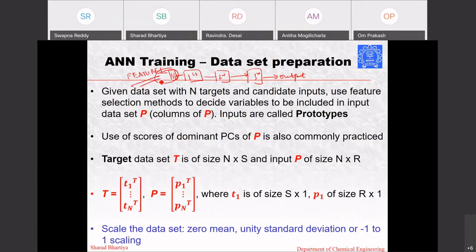And this is where I will say that there are two schools of thought. One school of thought says that features mean domain knowledge. I need to understand what is the problem I'm solving and then choose what is X. There's another school of thought which says, you just give me all possible inputs that you have.